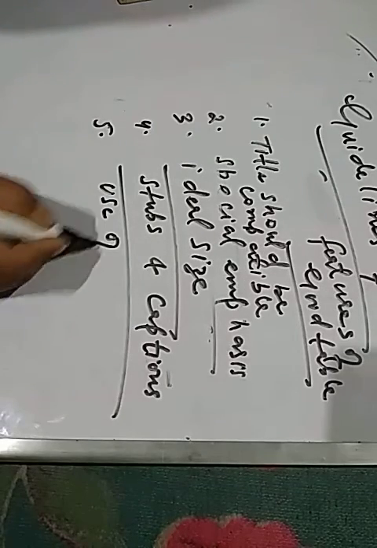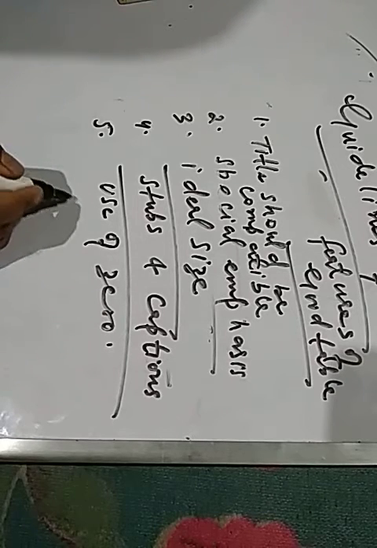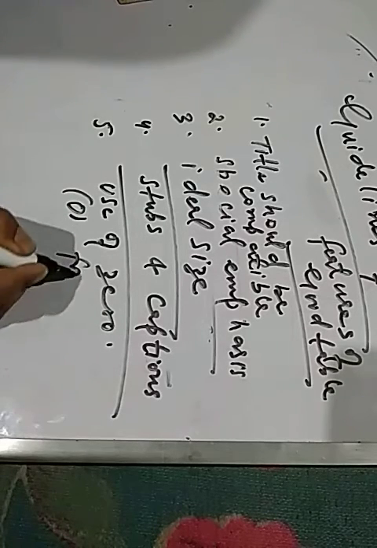Next point is use of zeros. Zero should be used for quantity. For example, sometimes when we show data in the table, in some areas, in some situations, data is not available.